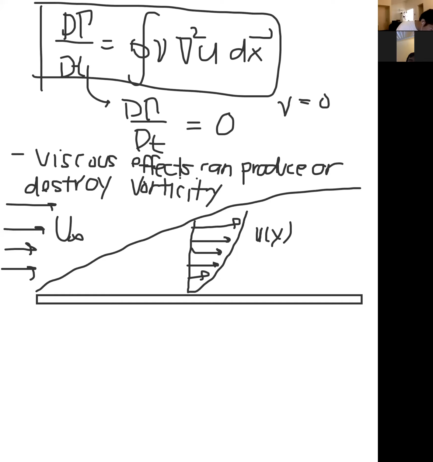Inside here, let me draw a rectangle. Let's say that red rectangle represents some parcel of fluid. Because we're inside the boundary layer, the top layer of the rectangle is moving at a faster velocity than the bottom.